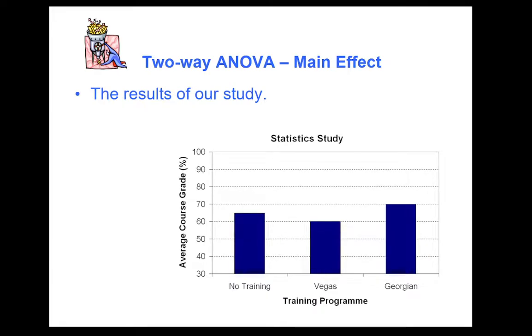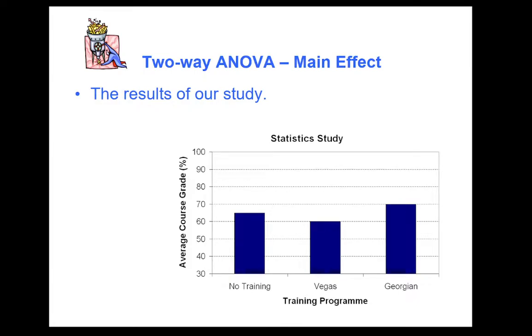Okay, now let's look at our other independent variable, or factor, and that's training program type. Now, for the no training, the average final grade was 65. Remember that the no training group is made up of 5 students who received no money and 5 students who received money, right?